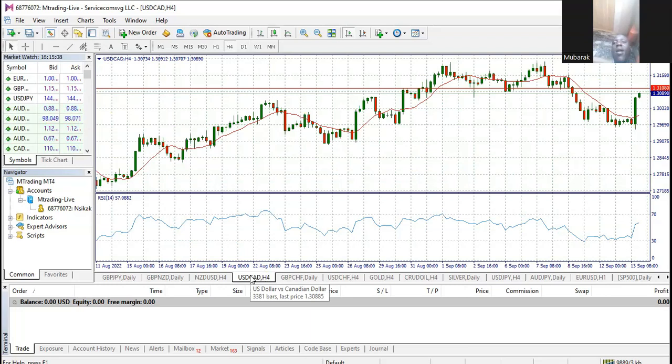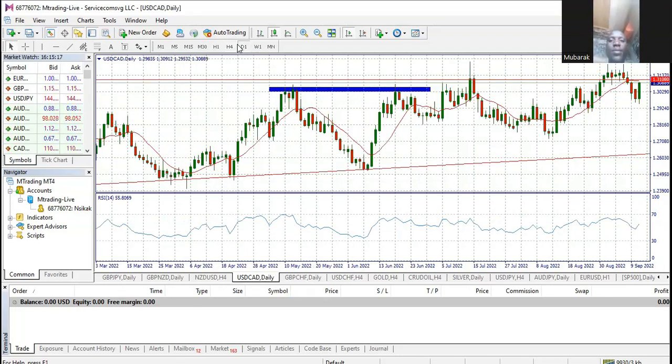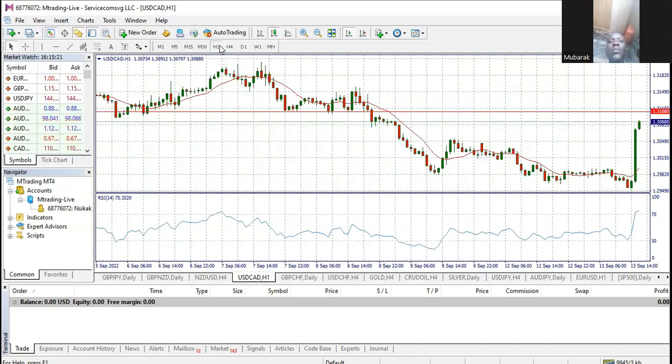See, so around this region, maybe when it gets to the horizontal line, by then it will come in contact with the 10 moving average. The bullish move will end, hopefully. Then you wait for a bearish reversal candlestick pattern before you go bearish.